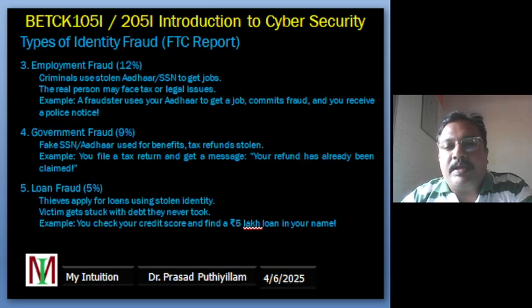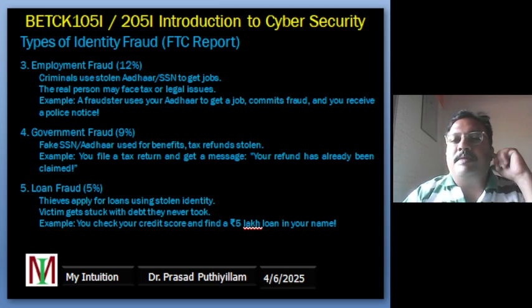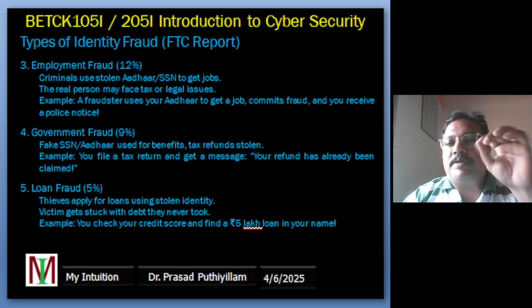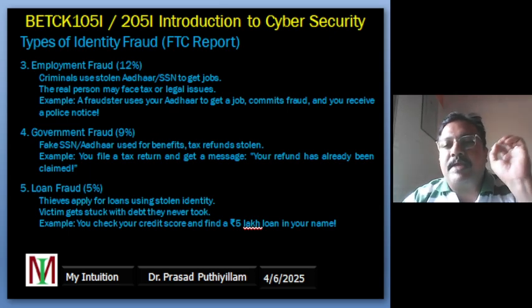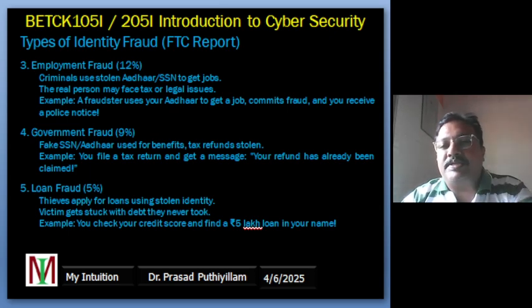Now comes employment fraud, around 12 percent. The criminals steal the social security number, SSN, or the Aadhaar number to apply for a job. So the real person faces tax or legal issues because of the unpaid earnings.